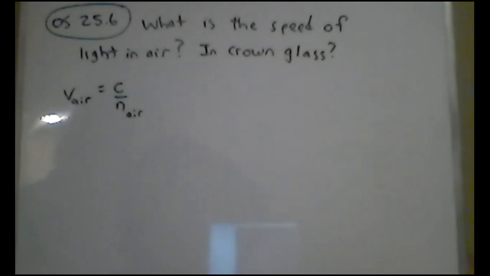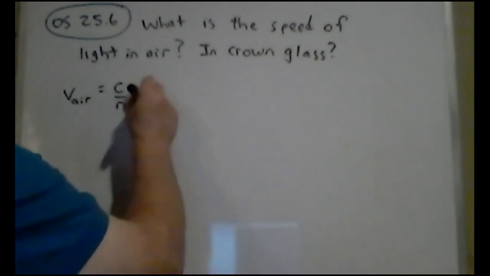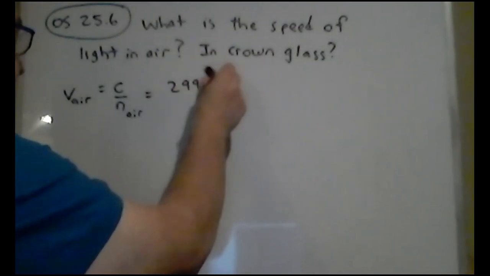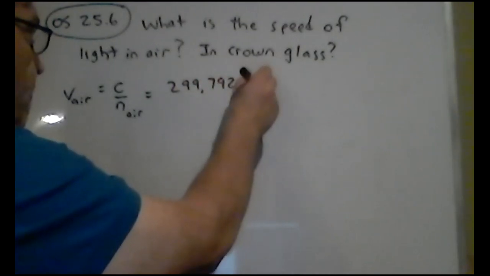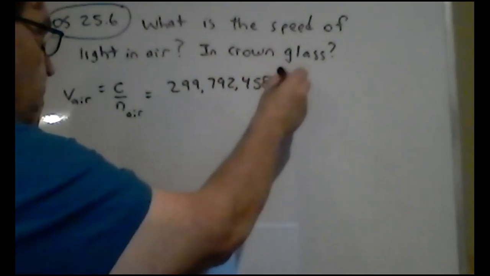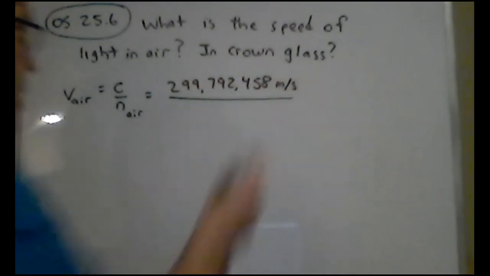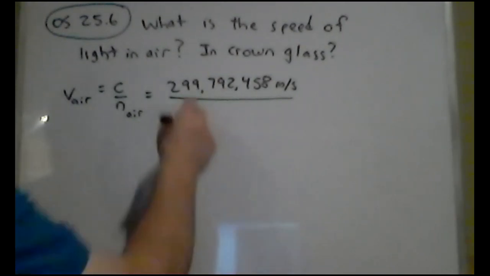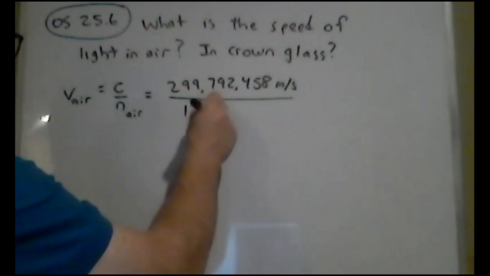I'm going to go with the full-blown speed of light here, in a vacuum, 299,792,458 meters per second. And we know the index of refraction of air to quite a few decimal places, 1.000293.